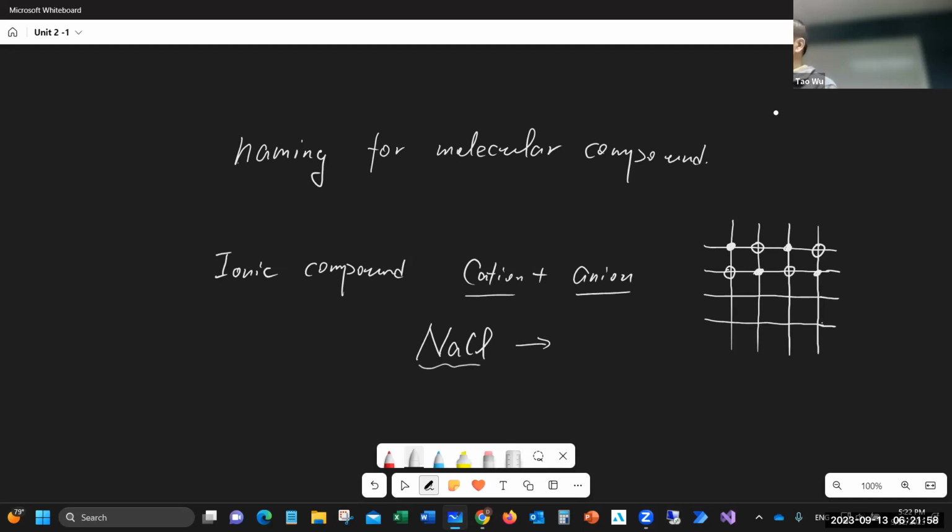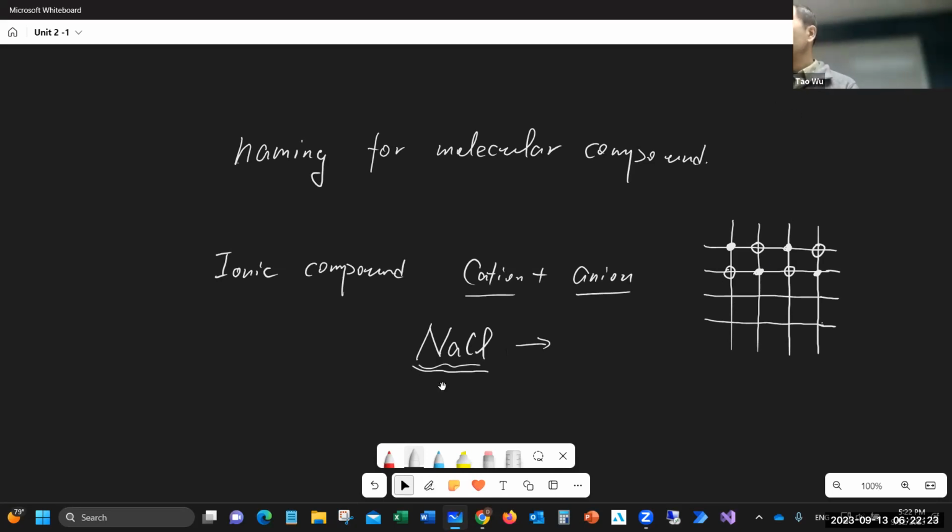Everywhere, the sodium and chloride are in a 1-to-1 ratio. So the formula is just showing the ratio between the cation and anion: one versus one. This is what happens for the ionic compound.